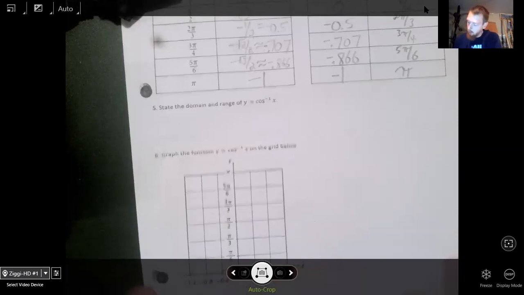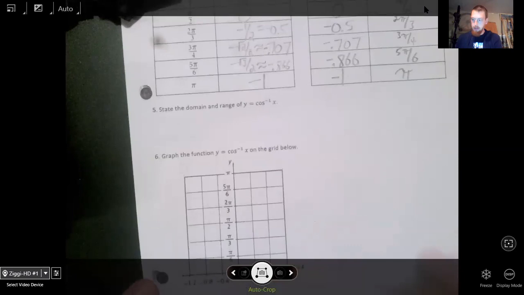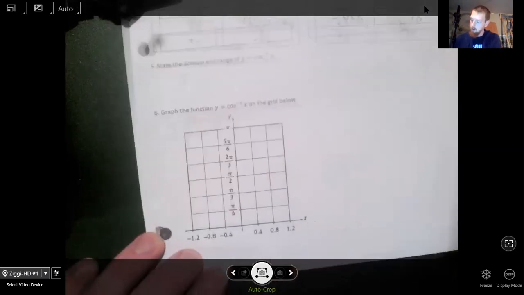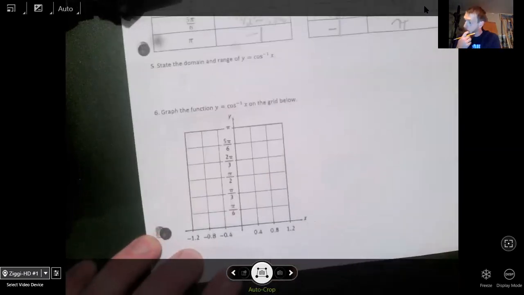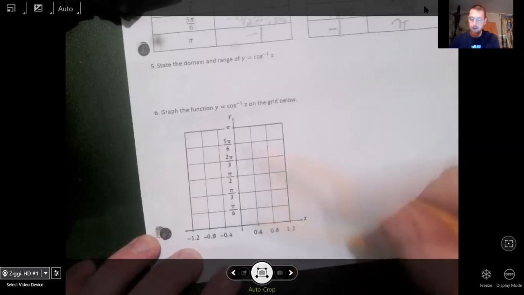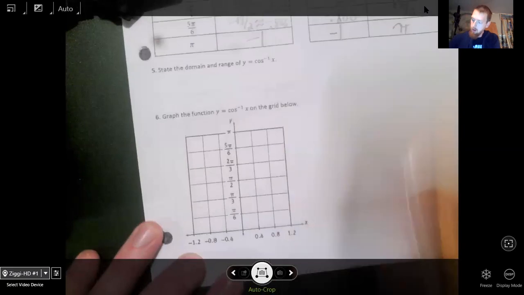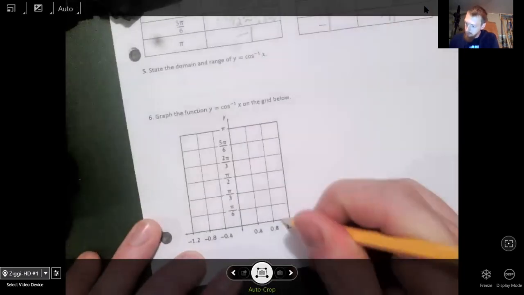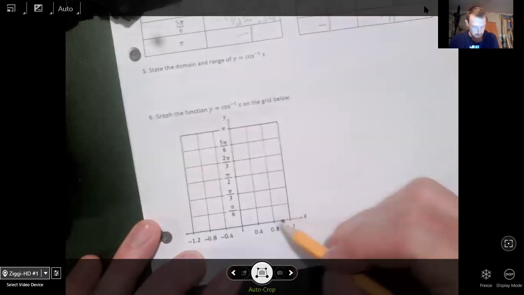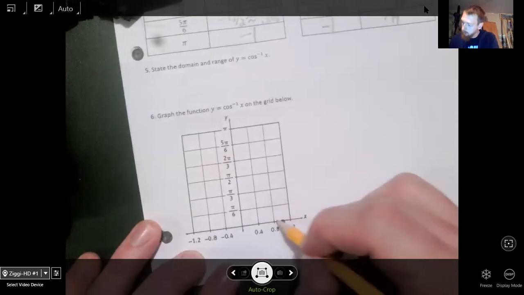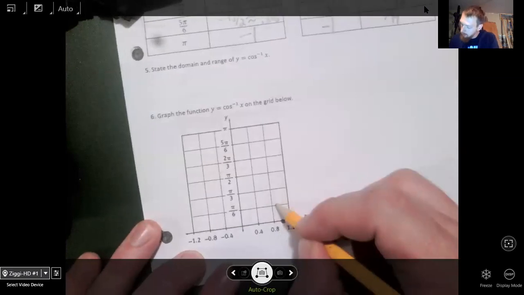So we can see that, and notice that the scale is different here. We only have positive y values that we're using. When x is 1, y is 0. When x is 0.866, y is π/6.